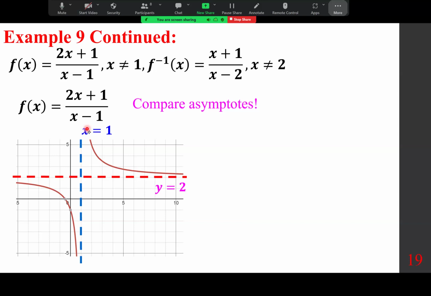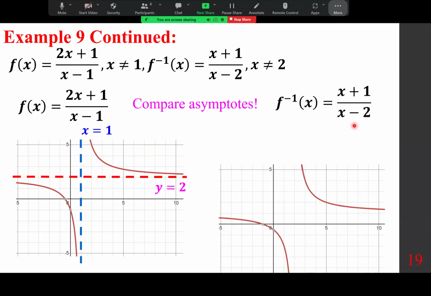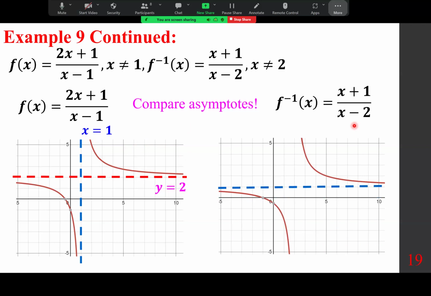Now, because x equals 1 is a vertical asymptote, for the other one, the horizontal asymptote must be y equals 1. And because y equals 2 is the horizontal asymptote, x equals 2 must be the vertical asymptote for the other one. So when we graph this one, clearly what I just mentioned, this one and this one, x equals 1, now y equals 1, because look, both of them have degree 1, so 1 over 1, y equals 1.